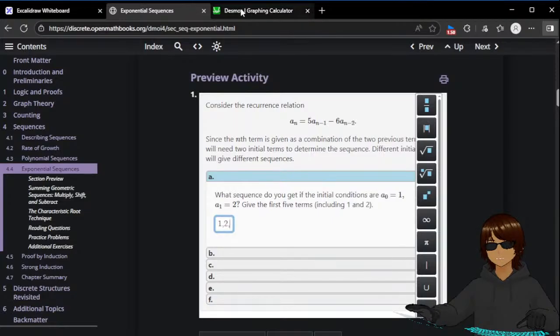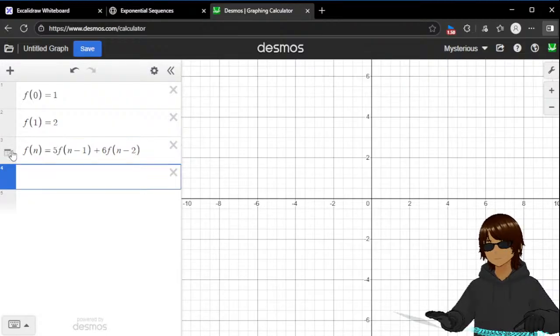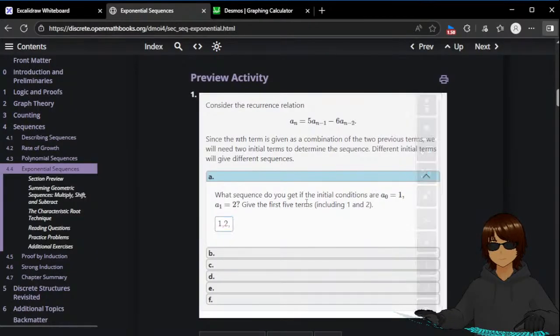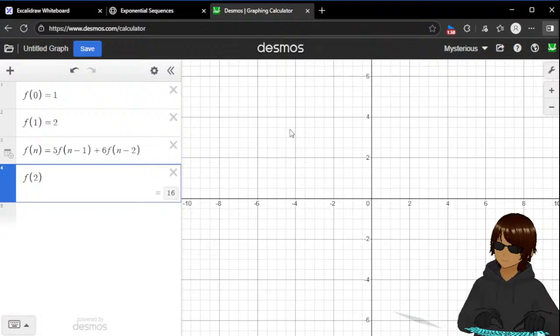F of n is 5 F of n minus 1 minus 6 F of n minus 2. So does this work? F of 2.